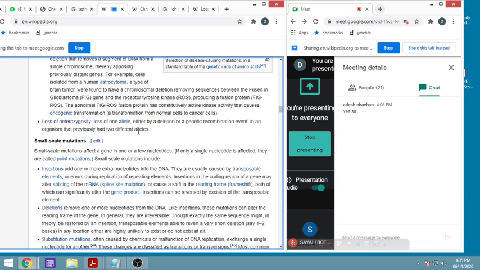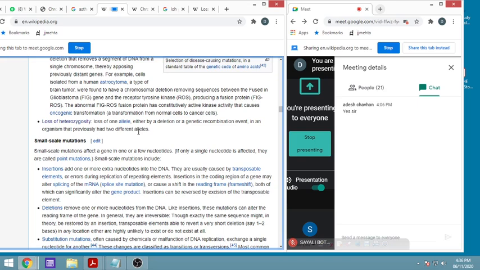Splice variant means while splicing, if you know introns and exons, while this removal of introns, if this cutting takes place slightly here or there, one or other nucleotide here or there, then that will cause change in the whole sequence.